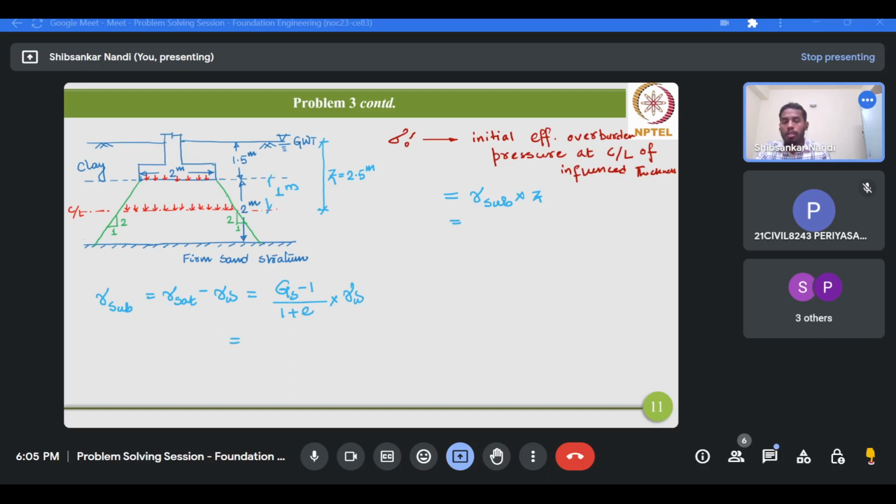Now we know this Gs, we know this e, and gamma w we can take as 10 kilonewton per meter cube. So Gs is 2.7, minus 1, over 1 plus 1.08, times 10. So this gamma submerged would be 8.17 kilonewton per meter cube. So this would be 8.17 multiplied by 2.5, so 20.43.